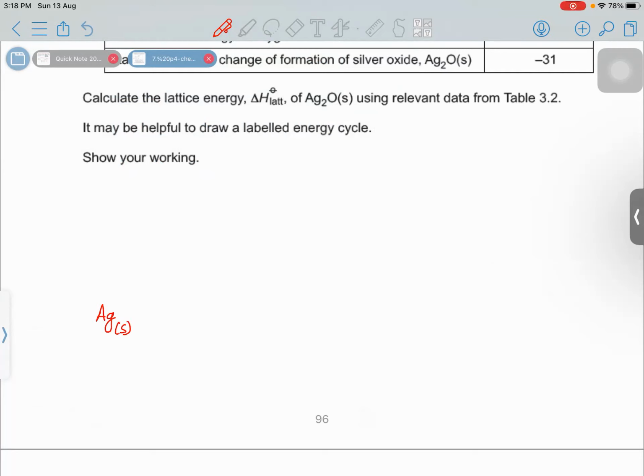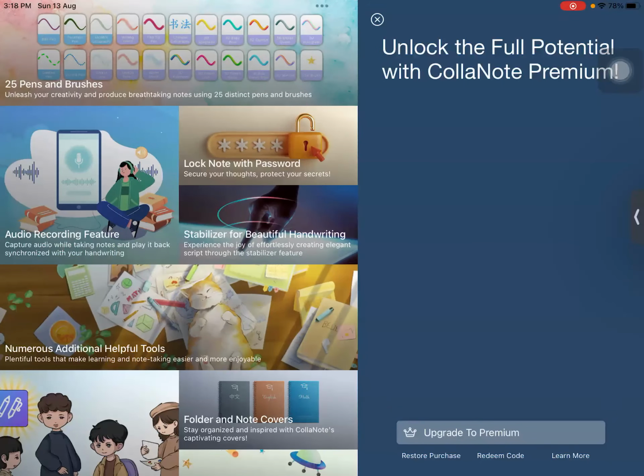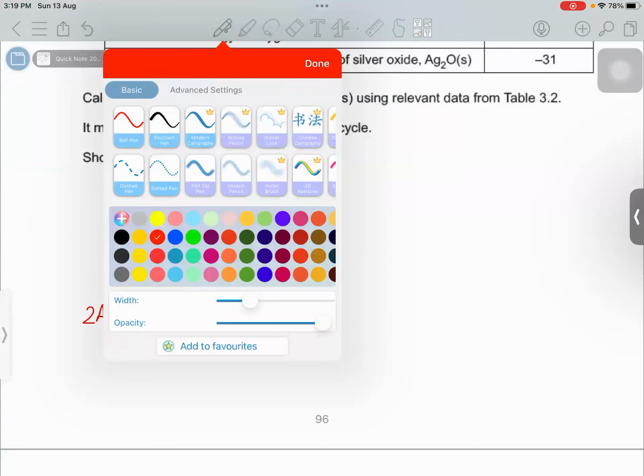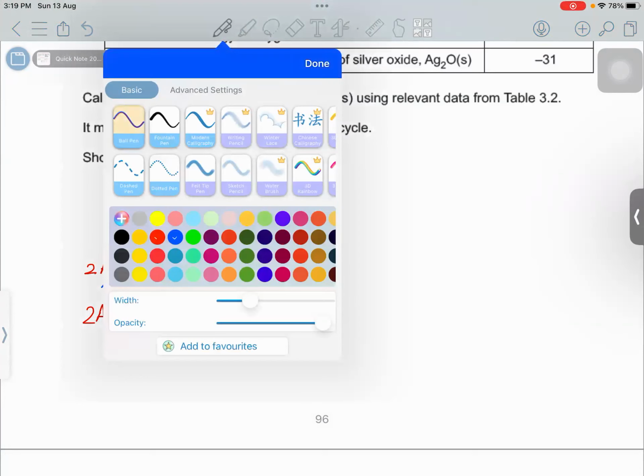Two atoms, so multiply by 2. Convert 2 silver into 2 Ag gaseous. Can you name this energy?